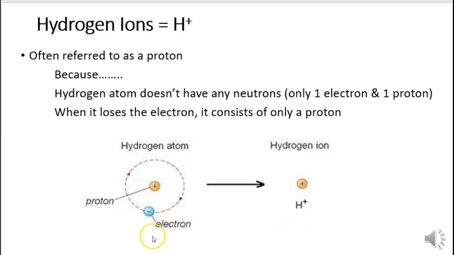If this hydrogen atom ionizes and becomes a hydrogen ion, it loses this electron. It has lost a negative charge, so it's going to be positively charged due to the proton in its nucleus. And that's all it has, is a proton. So this hydrogen ion is often referred to as just a single proton.